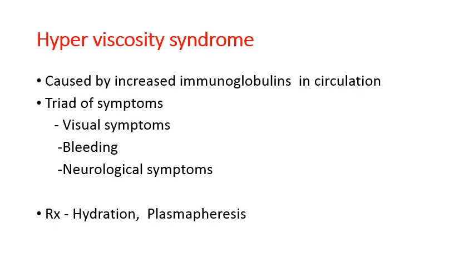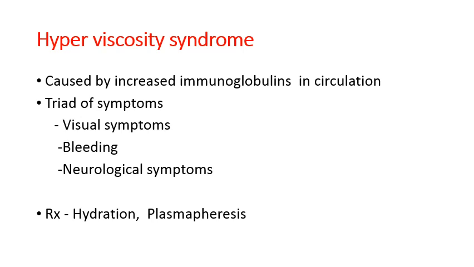Now I mentioned hyperviscosity syndrome. It is caused by increased paraproteins in the circulation. Classically they can cause visual symptoms because the retinal arteries can block because of these increased paraproteins. They can get bleeding and they can get neurological symptoms.